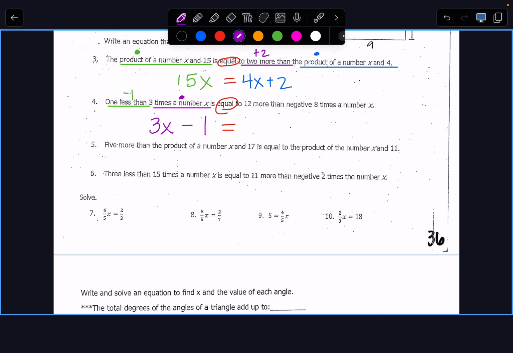Okay? And this one, it does matter. Subtraction can't just be rewritten one first or the other. Okay. 12 more than negative 8 times the number x. 12 more than, so that means we're adding 12.